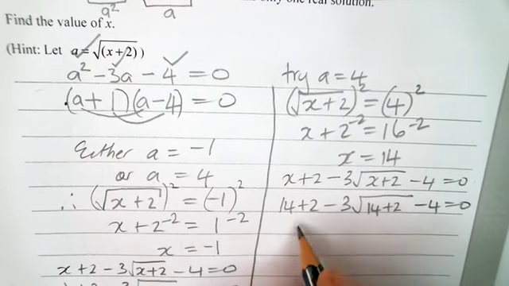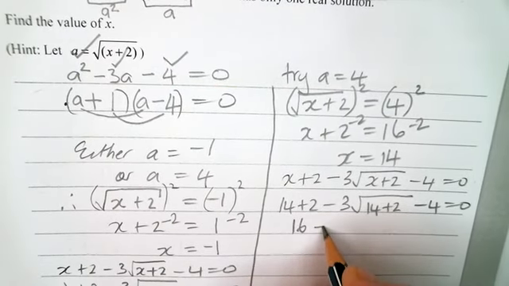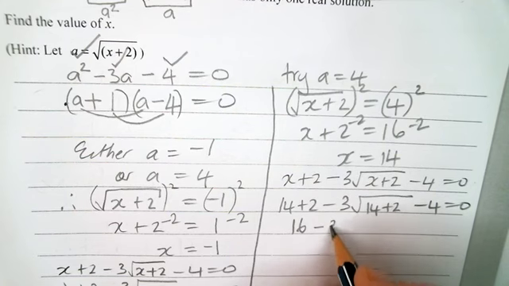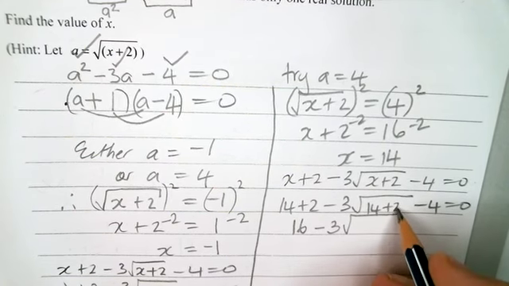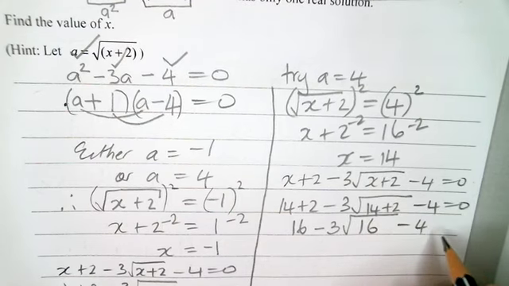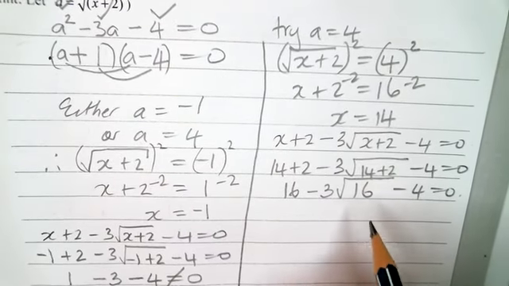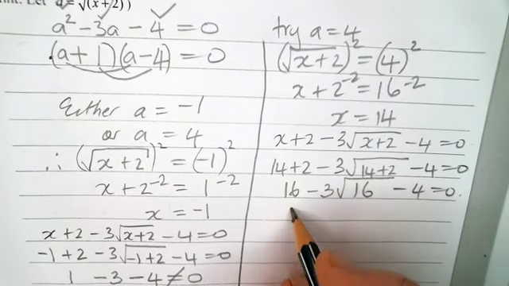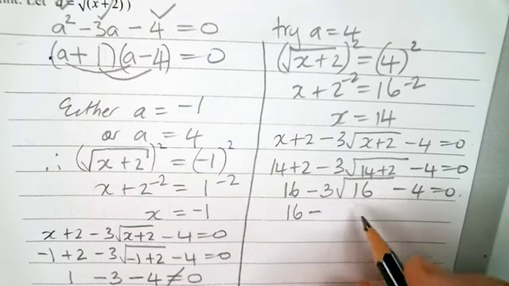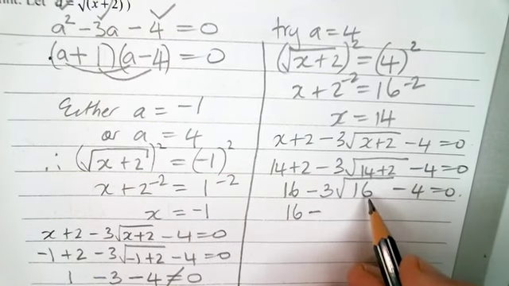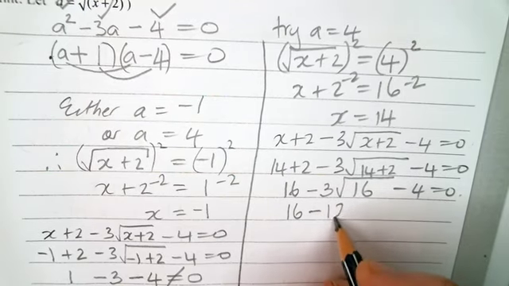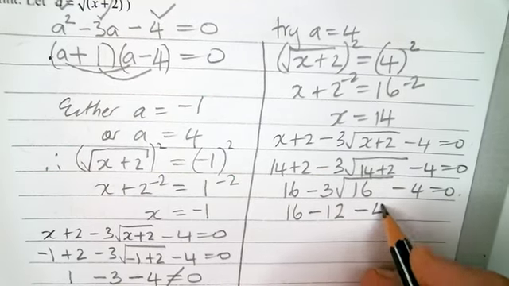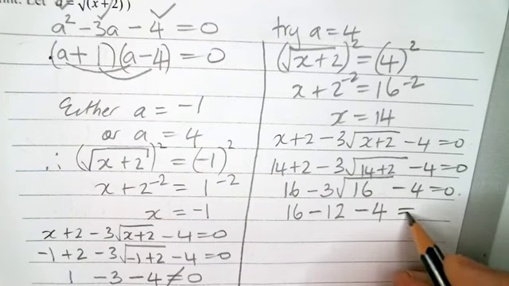Well, 14 plus 2 is 16 minus 3 times root, well, 14 and 2 is 16 minus 4 is 0. See if that works. So I've got 16 minus, well, root 16 is 4. And 3 fours is 12, minus 12. Minus another 4 does equal 0.